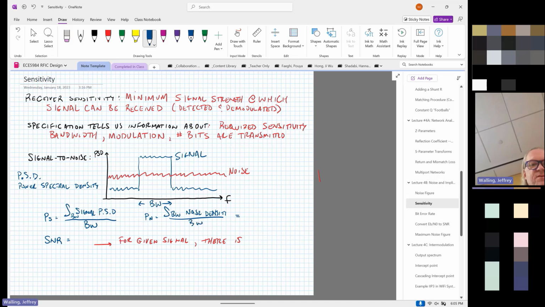And we know that this is equal to, if this is just thermal noise, K times T times B. And our SNR is just equal to the signal power divided by the noise power. And for a given signal that we're interested in, there is a given SNR that we need.